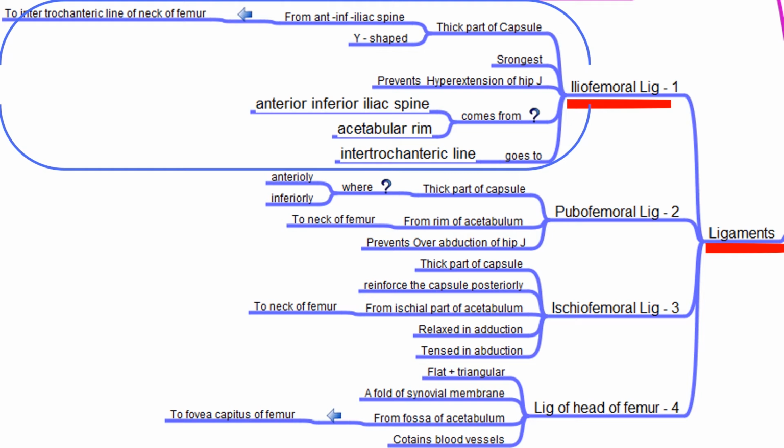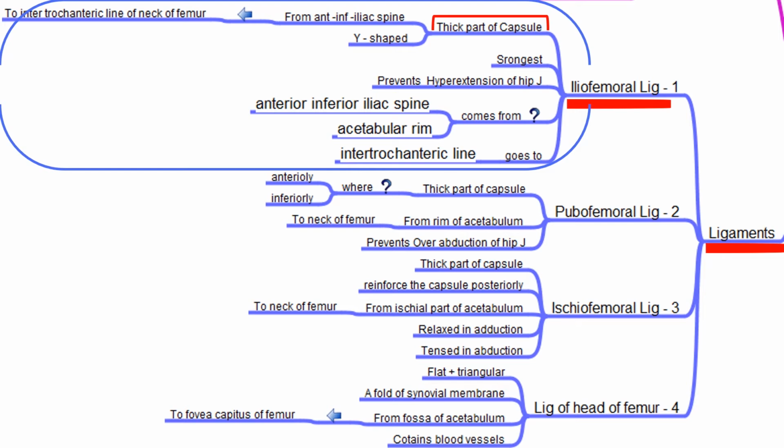It is a thick part of the capsule. It is not a separate ligament. It is a thickening of the capsule, and it runs from the anterior inferior iliac spine to the intertrochanteric line running between the greater and lesser trochanter of the femur, and it is Y-shaped.